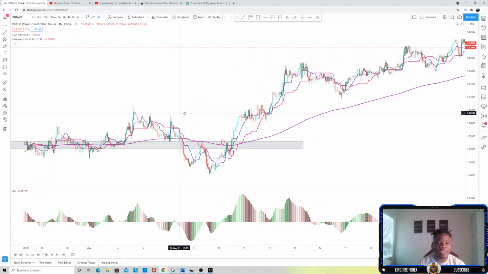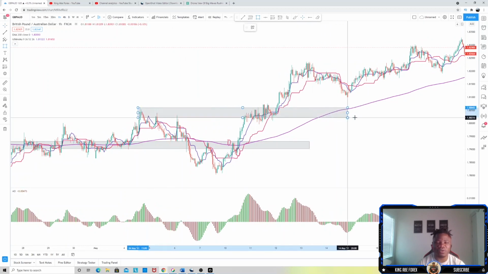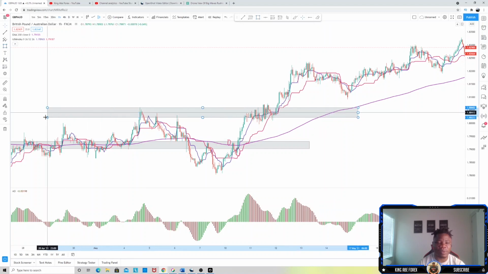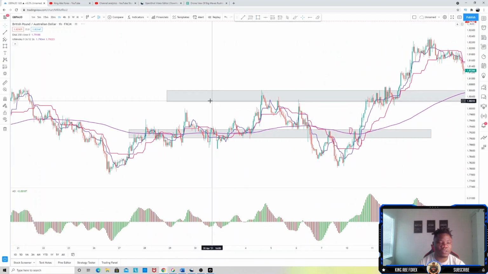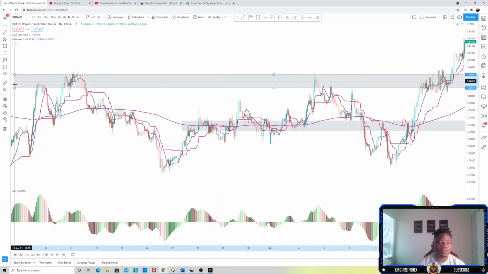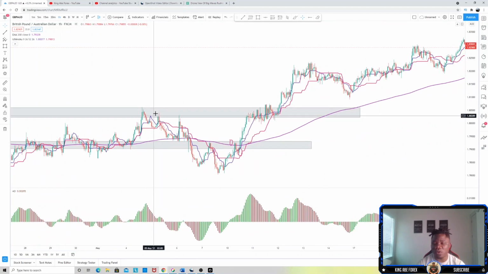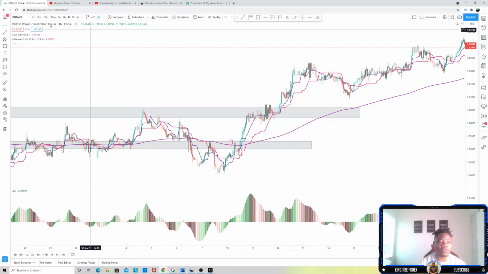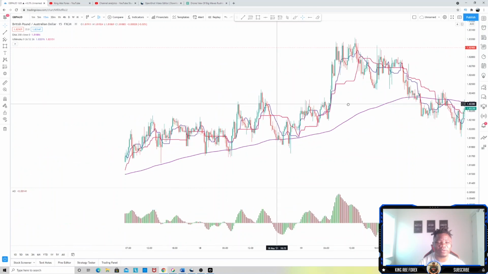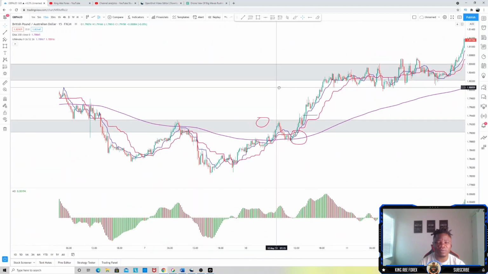Looking at the 1 hour time frame, we see that we could absolutely target this zone right over here that I just marked. And if we look all the way to the left, we can see that we will definitely have another zone right there. So we could easily target this zone on the 1 hour time frame, because that's our next resistance zone. So now we go back to the 15-minute time frame and let's look for that zone again.